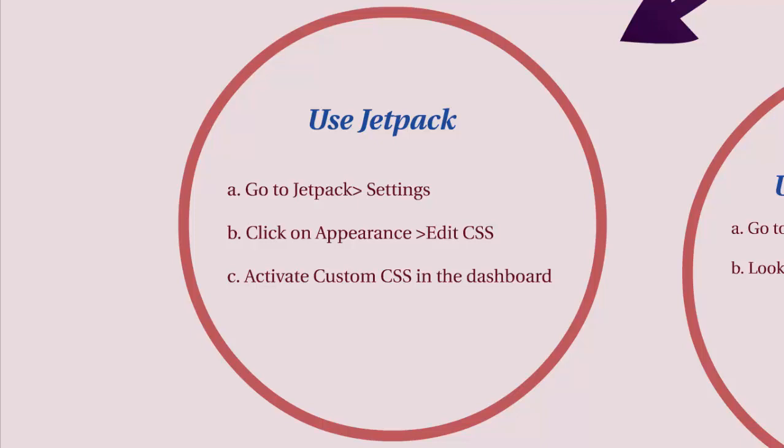If you don't have Jetpack installed and you don't want to go through all this, then you can use examples 2 or 3 to add your custom CSS. But for those of you that want to use Jetpack, here's what you need to know. Go to Jetpack Settings, click on Appearance, Edit CSS, and then activate Custom CSS in the dashboard. We'll go live now so I can show you how to do this.